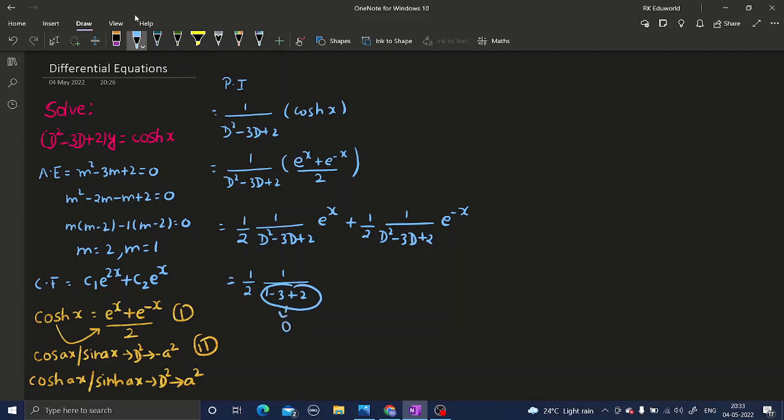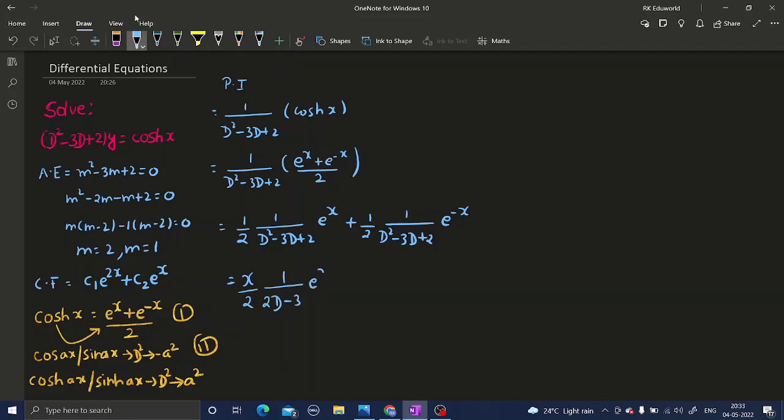In case the denominator becomes 0, we first check whether the denominator is 0 or not. If it is 0, we multiply this by x, so x by 2, and differentiate this denominator. So if you differentiate, you are getting 2D minus 3.